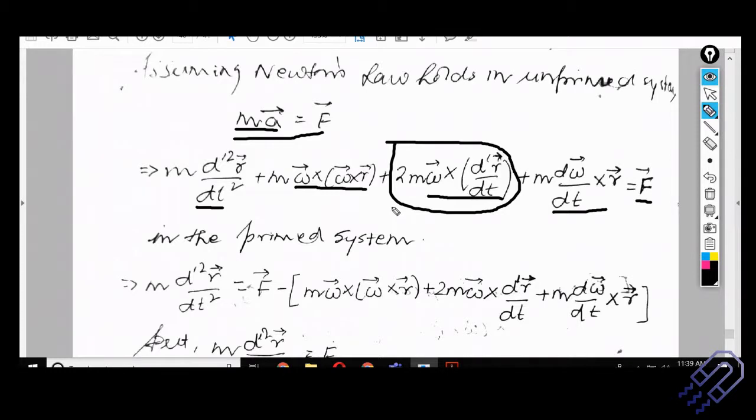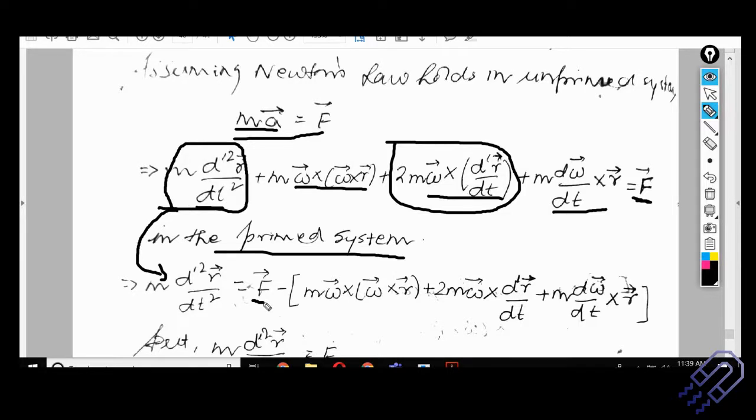But if basically considering a normal acceleration, which is mass into acceleration, the other part of the acceleration is going to reduce the force here. Okay, what do I mean by this? See, this m into d dash squared r by dt squared is nothing but the acceleration in the primed system. If you do the maths, F is on this side, the other term will come on this side.